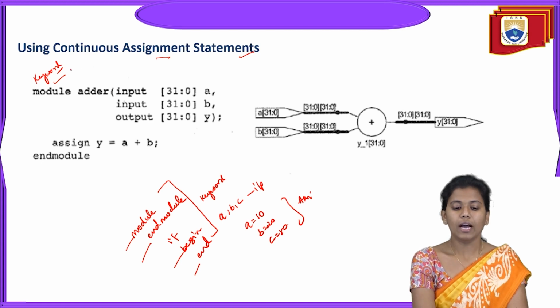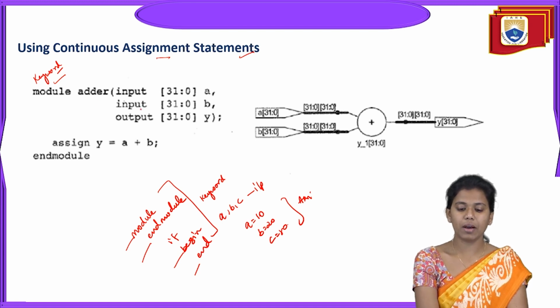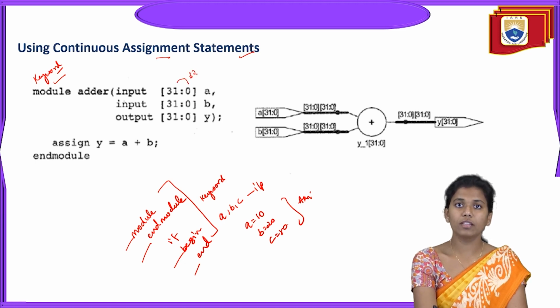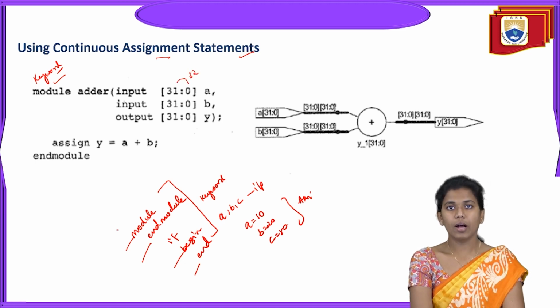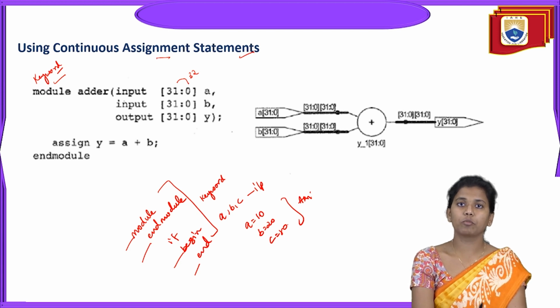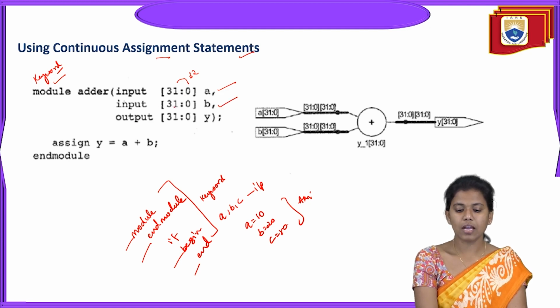Here under continuous assignment statements, the module that I'm considering is adder. In this adder, my inputs are [31:0], so totally 32 bits of information. One of my inputs is 32 bits and the other input is also 32 bits.